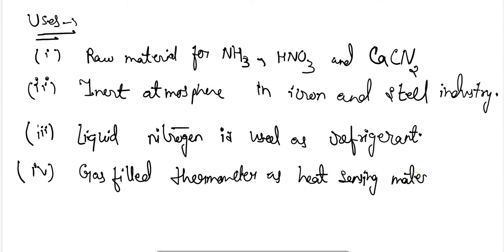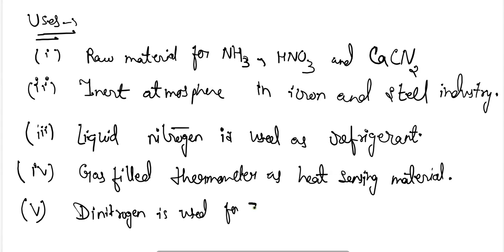Dinitrogen can also be used for filling electric bulbs, to reduce the rate of vaporization of the tungsten filament there.